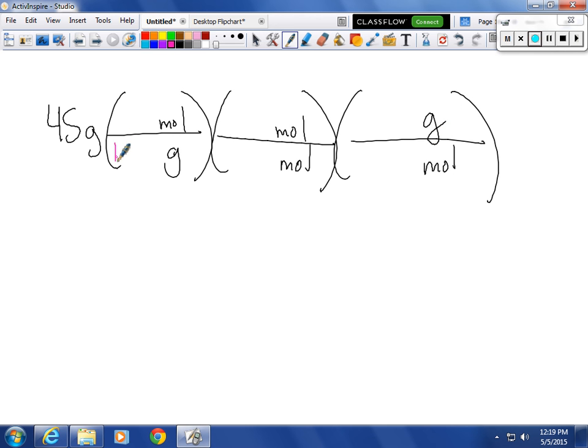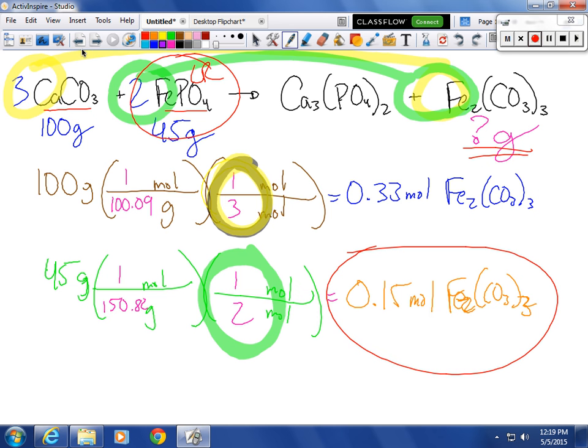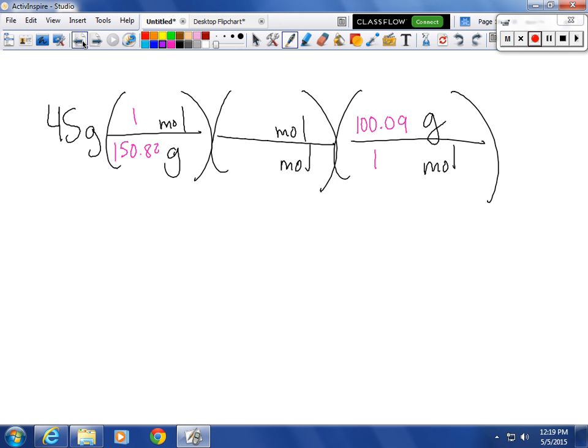We're going to grams of the excess reactant. What was my mole to mole ratio top to bottom of this one? No. 3 to 2. 100% positive. See how ugly it looks when there's no formulas?